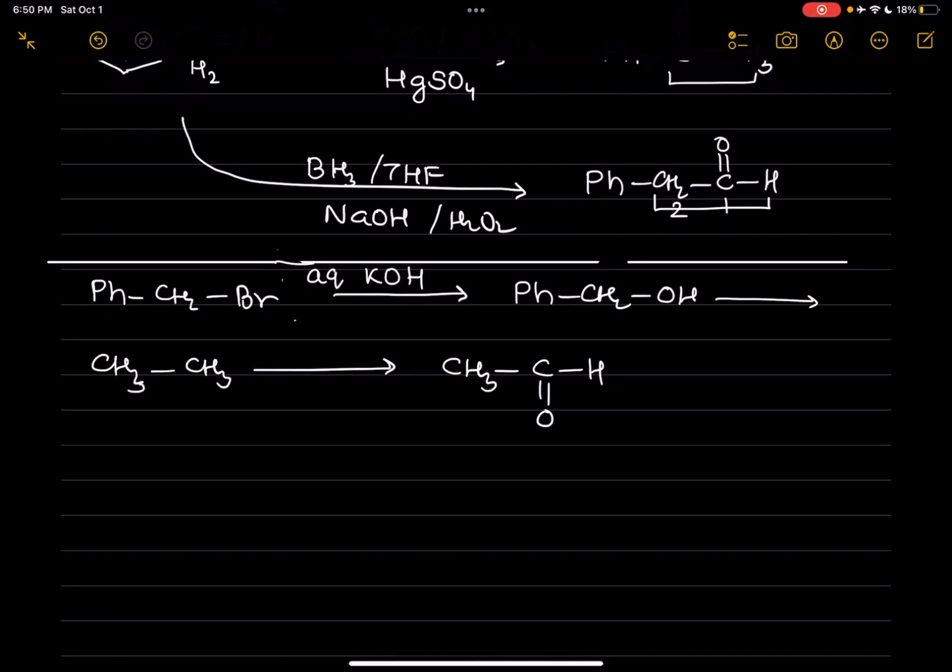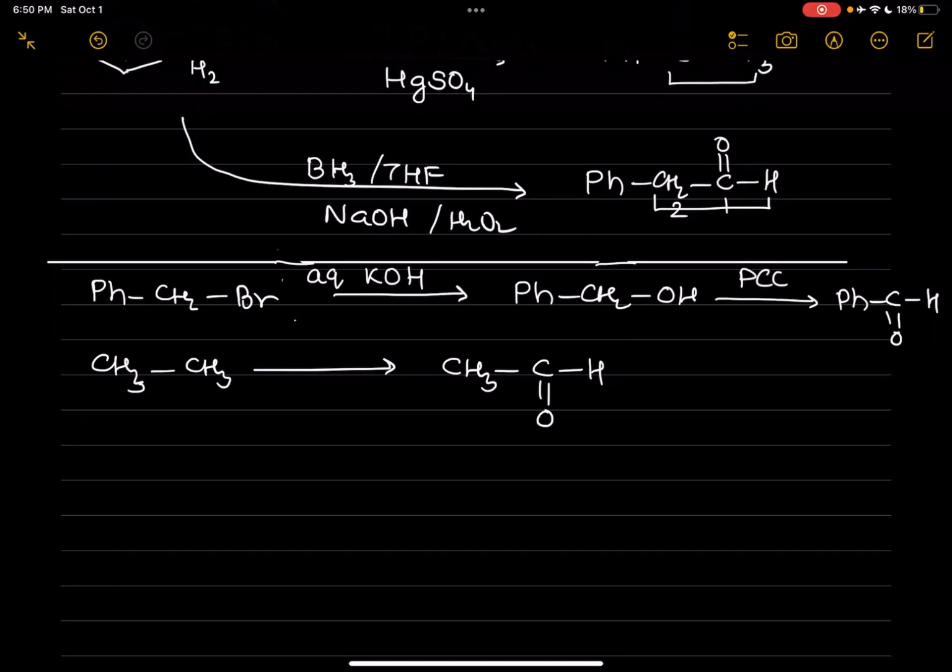H2SO4 brings in a double bond by removal of water, but you don't remove water. You need oxygen because you wanted benzaldehyde. So a mild oxidizing agent. Which was a mild oxidizing agent? PCC, yeah, PCC you can use. Clear? Understood?